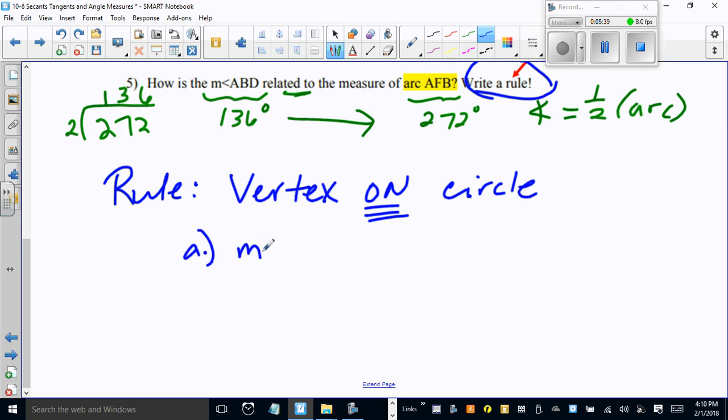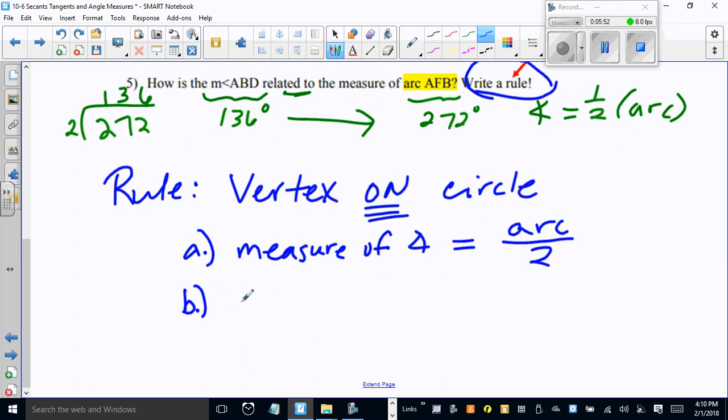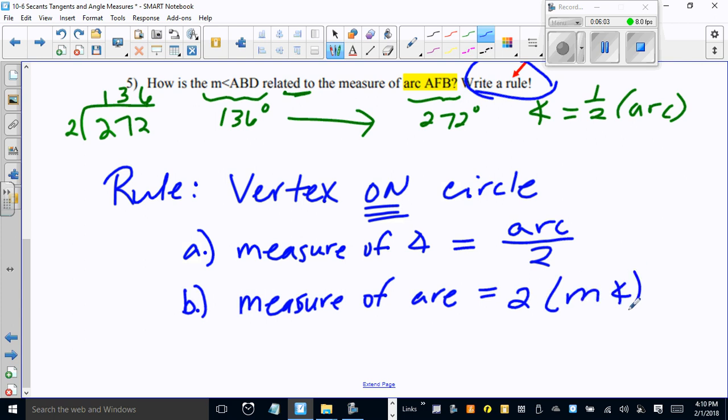We know that the measure of the angle is 1/2 of the measure of the arc. Okay, the arc divided by 2. And we know that the measure of the arc is going to be 2 times the measure of the angle. So to get the angle, we divide the arc by 2. To get the arc, we multiply the angle by 2.